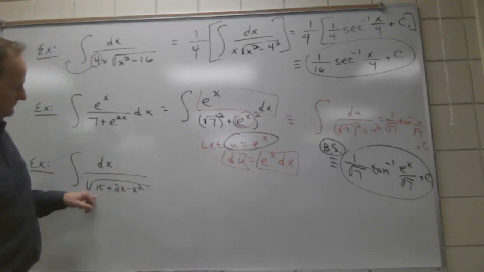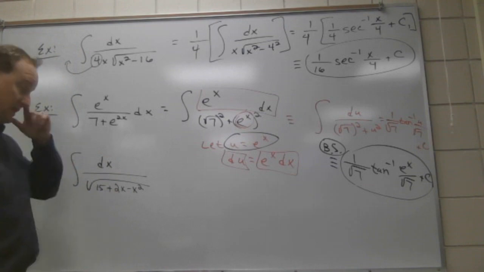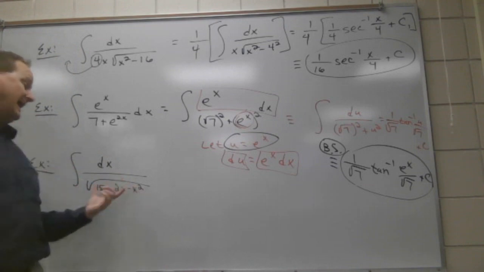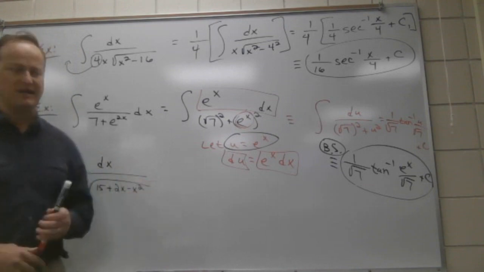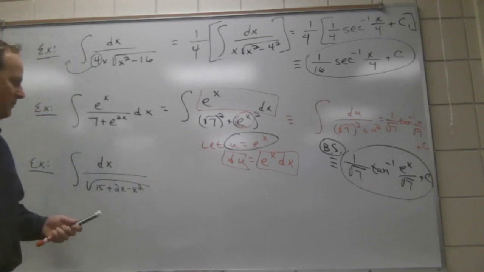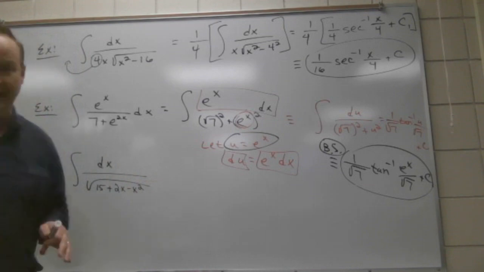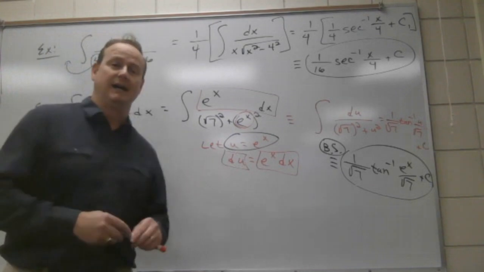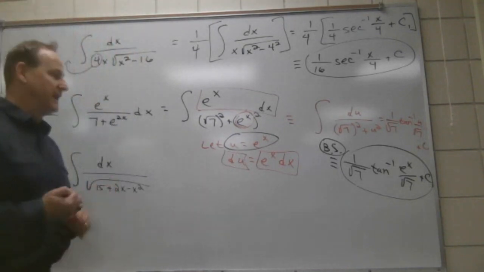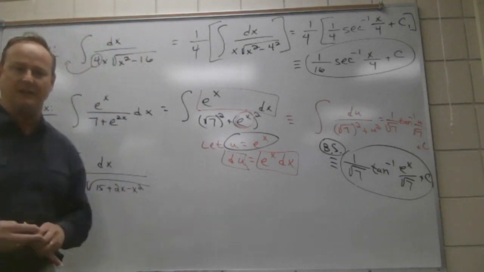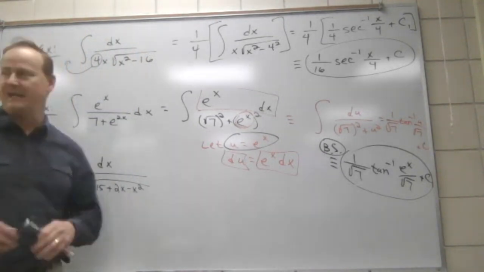It's, I guess, 5 minus x times 3 plus x, and it's not the square root of something quantity squared, so that doesn't really help us out. Since it's in the section dealing with inverse trig antiderivatives, why don't we try and make it look like something of that nature?